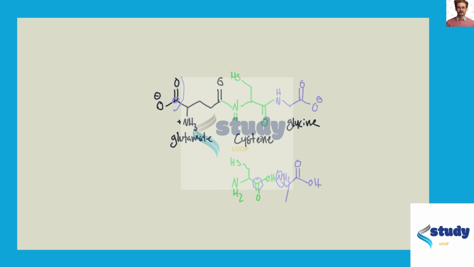Because the typical picture that we might expect would be, let's say we had this cysteine and we had a typical peptide bond to glutamate, we would expect it to look like this.